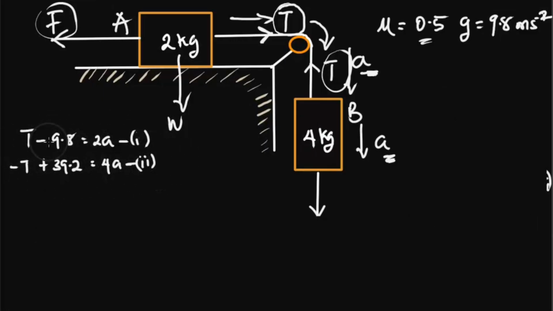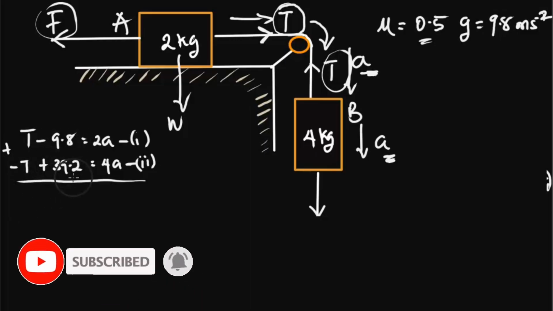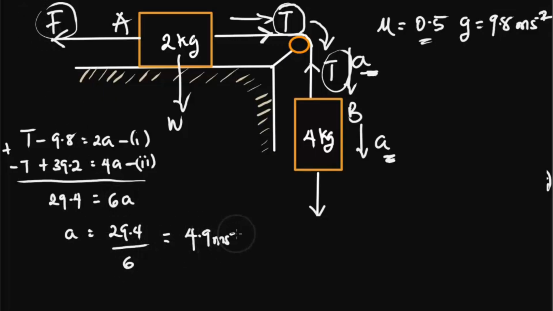Let's add equations 1 and 2 since we have T and minus T. So we're going to have T minus T to give us 0, and then minus 9.8 plus 39.2 gives us 29.4, and that is equal to 2A plus 4A, which is 6A. And so our acceleration is equal to 29.4 divided by 6, and that is equal to 4.9 meters per second squared.